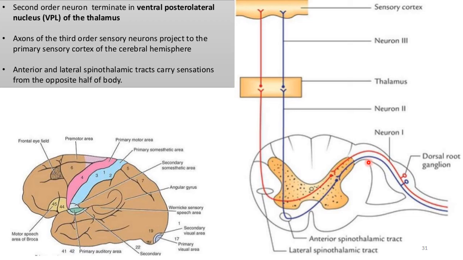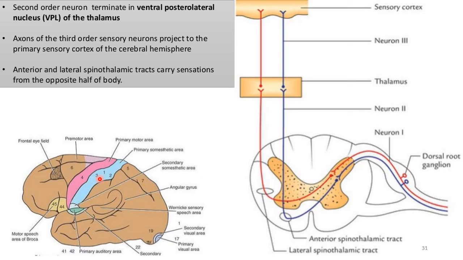So whatever the sensation, either pain, touch, fine touch, crude touch or pressure, they have to terminate in the ventral posterolateral nucleus of the thalamus. And from here, third order neuron arises, which ends in the somatic area.